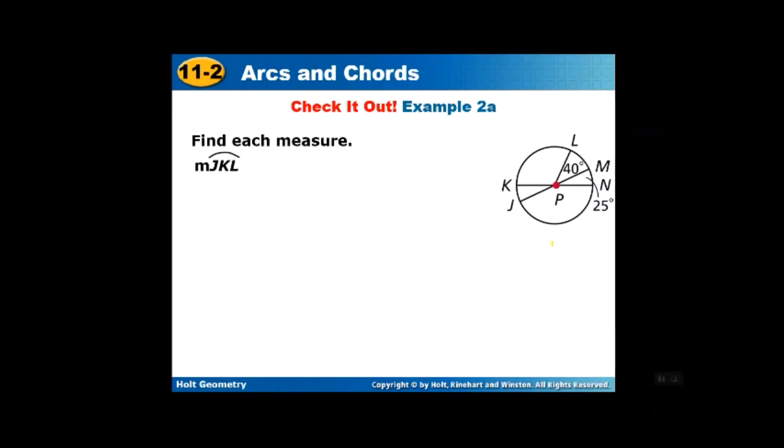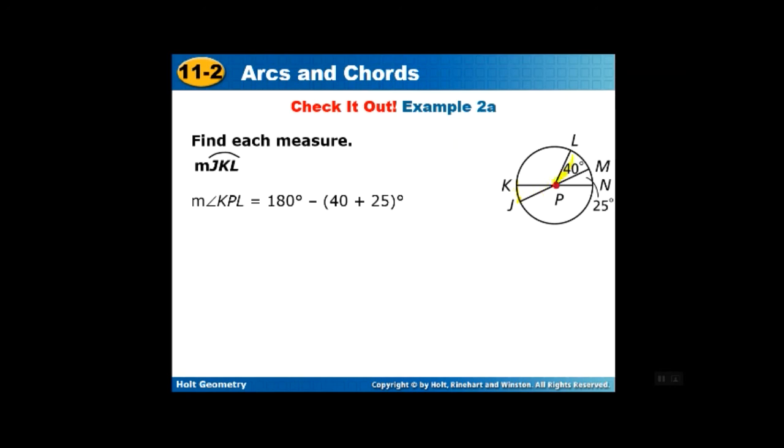Check it out 2. Here, find each measure. Find the measure of arc JKL. To find it, we will first find the measure of angle KPL. KPN is a straight angle, 180.